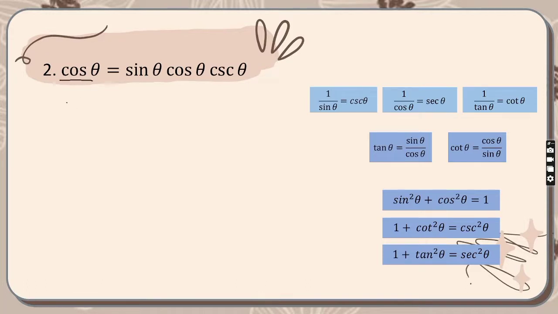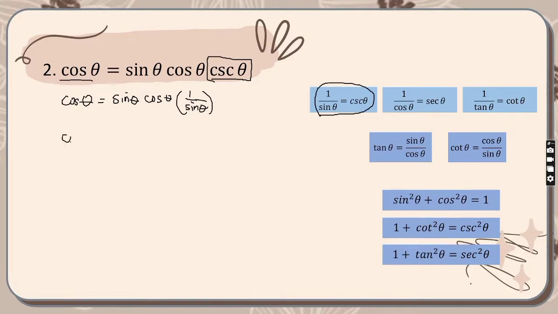So, copy muna natin cosine theta is equal to, ang pwede nating palitan dito ay itong cosecant theta. So, papalitan natin siya ng kanyang reciprocal identity, which is 1 over sine. So, okay, muna natin sine theta times cosine theta times 1 over sine theta.